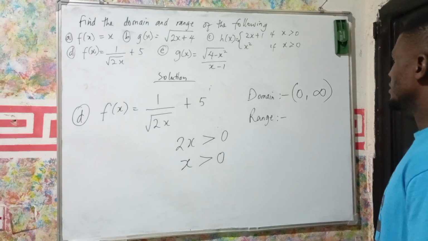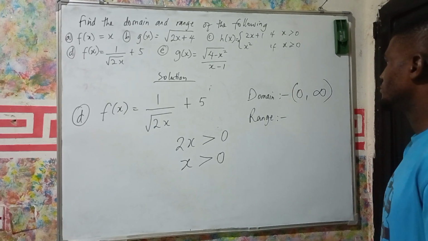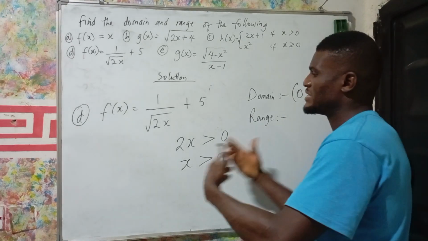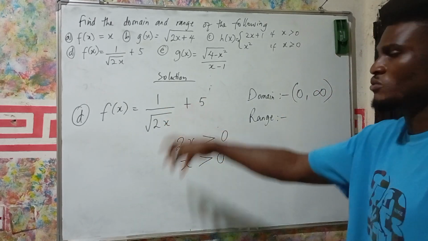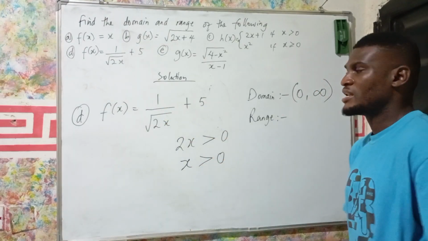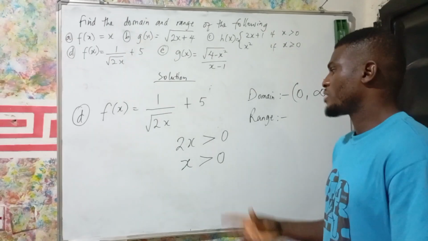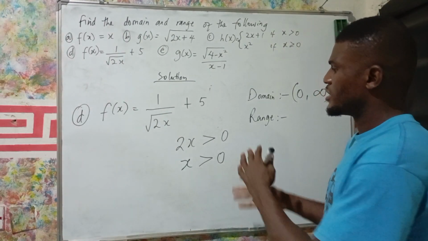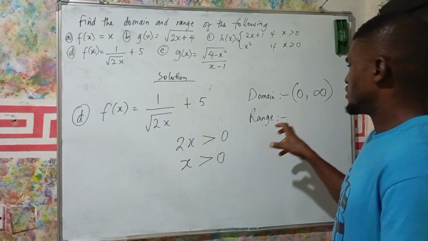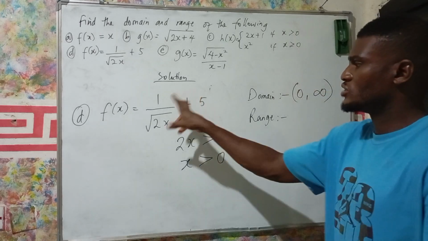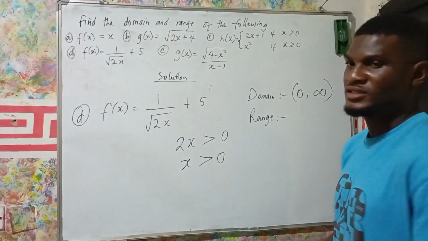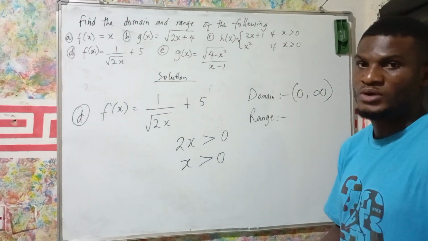All right. Then the range now would be, if we insert these values into this equation, what are the set of values that we're going to have? If we input the values that we have here in the domain into this equation, what are the possible range that we're going to have?